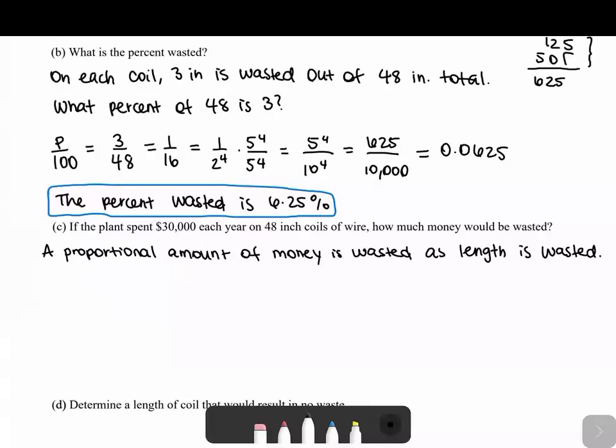So if we waste 6.25% of each coil, we're wasting 6.25% of that cost for the coils. So this tells us that 6.25% of our $30,000 is wasted.